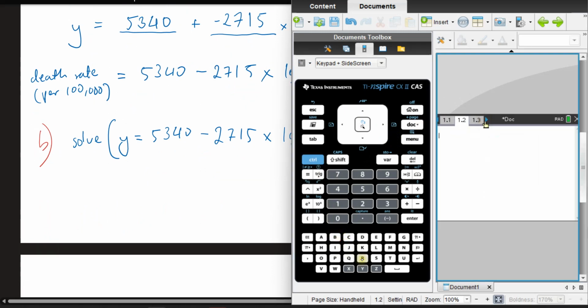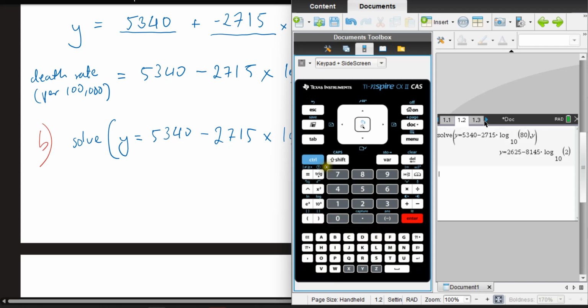Sure, there's a shortcut to do it, but I'm cool with this. Y equals 5340 take away 2715 times. Remember, you did a log transformation on the x. So log bracket 80, and then comma y. We're looking for the y here. If you get that, just press Control Enter, and there it is.